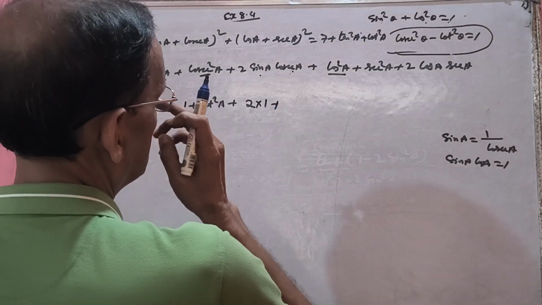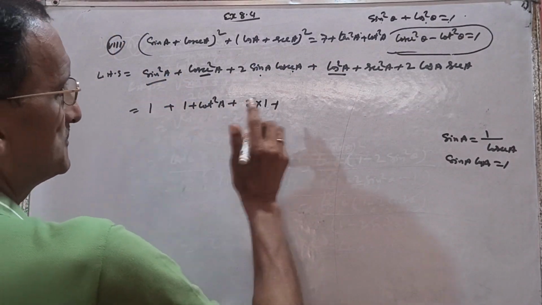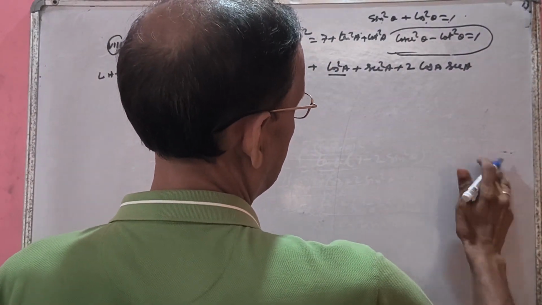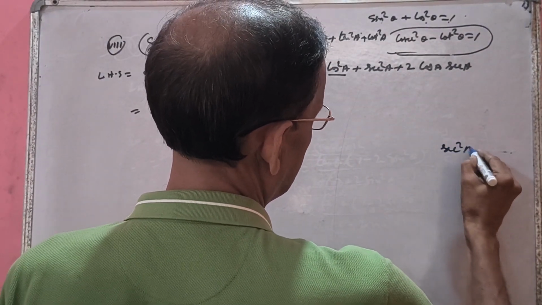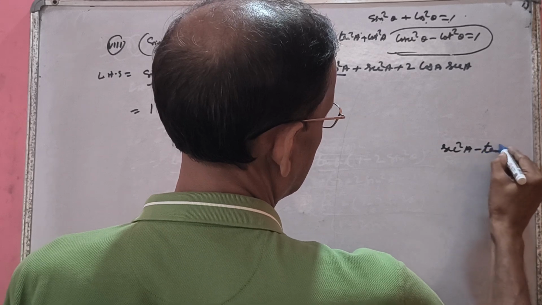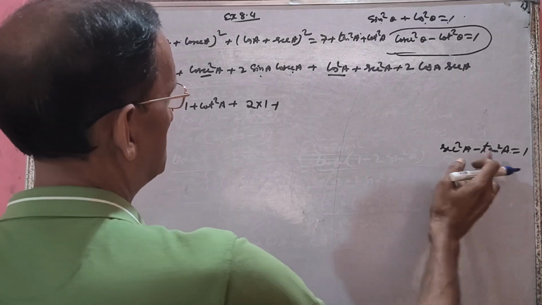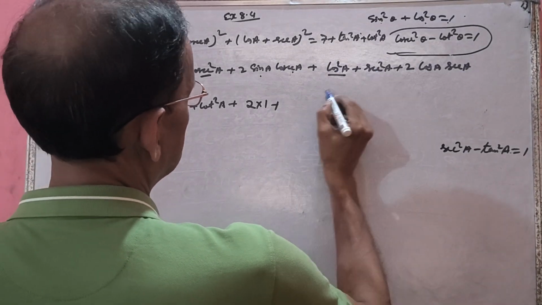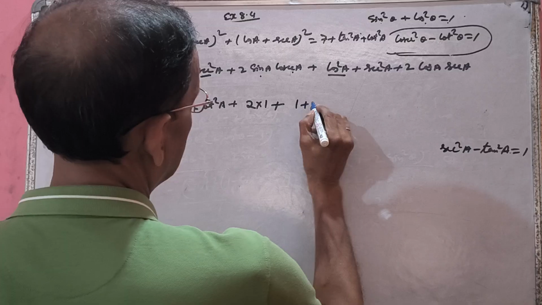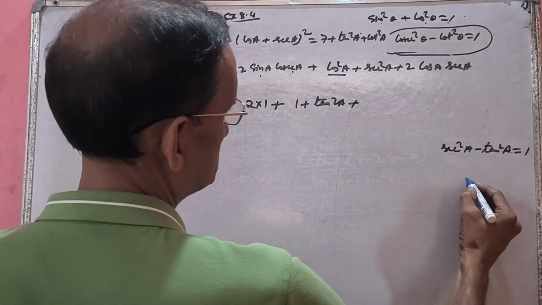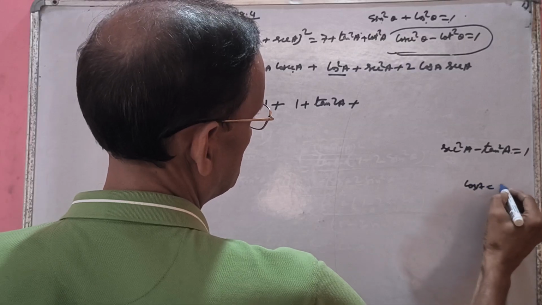So 2 into 1. This cos square plus sin square we have already used here. What is the third identity? Identity number 3, there are 3 only. Sec square A minus tan square A equal to 1. What is sec square A? 1 plus tan square A. So this sec square A, what we will write? 1 plus tan square A. Again, cos A is reciprocal of sec A, no?